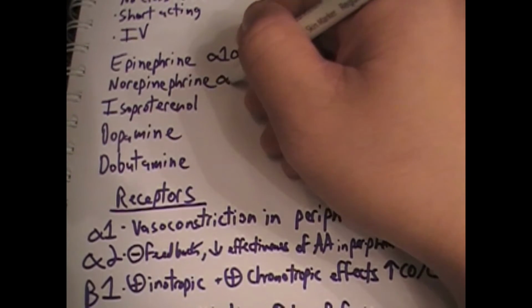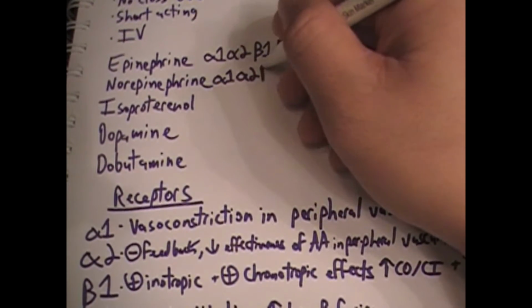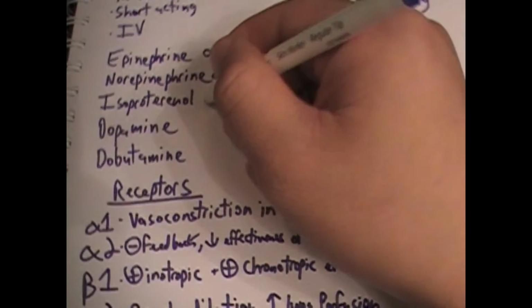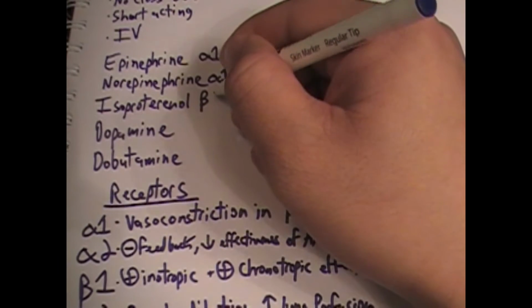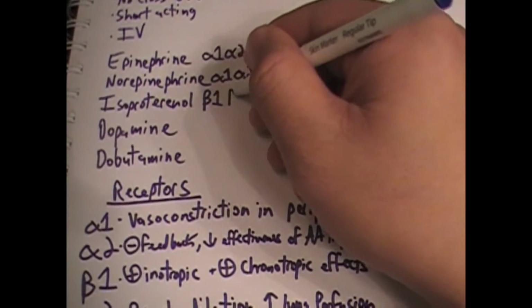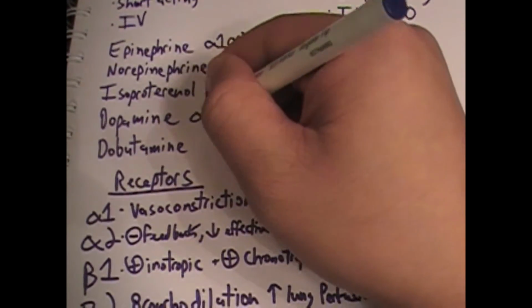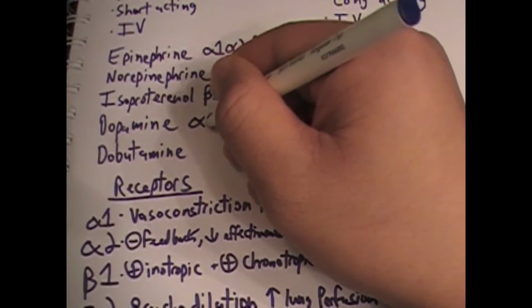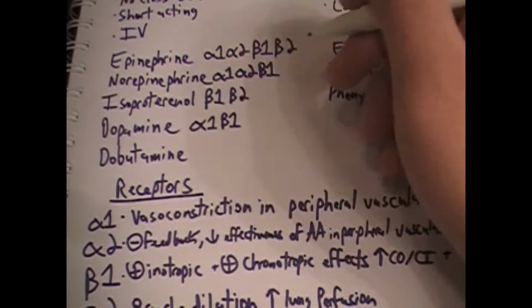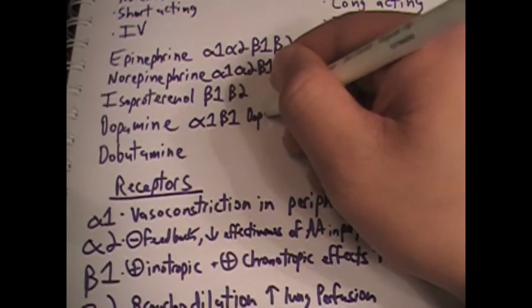So we have epinephrine, which will affect alpha 1, alpha 2, beta 1, and beta 2. Norepinephrine will affect alpha 1, alpha 2, and then beta 1 as well. Isoproterenol will work on beta 1 and beta 2 receptors. Dopamine will be alpha 1, beta 1, and of course dopamine receptors.